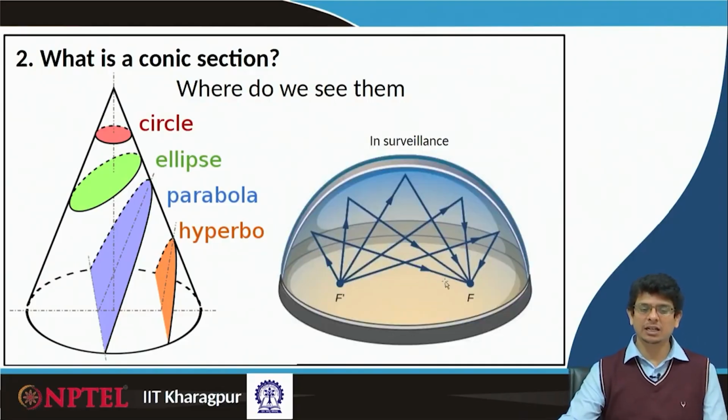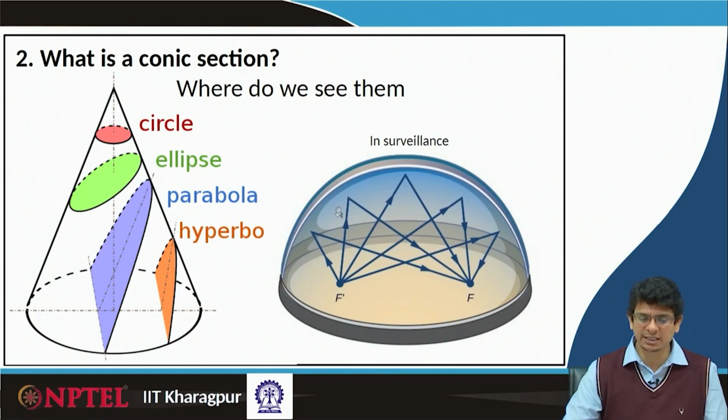Similarly, in surveillance like cams, CCTV cams, spy cams, the light rays, or perhaps the rays reflected from the object, finally come focused at either one point or two points. All these light rays hit the surface, internal reflections happen, and finally they are focused at one or two points on this line. If we look at this curve, perhaps it forms an ellipse, so it always has two foci, F and F prime.